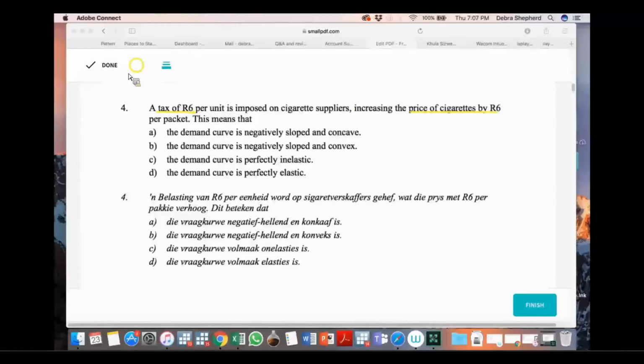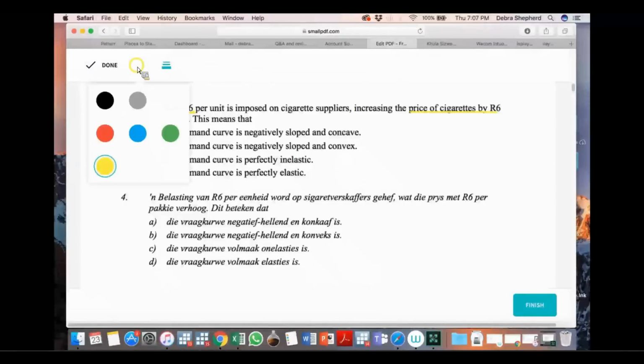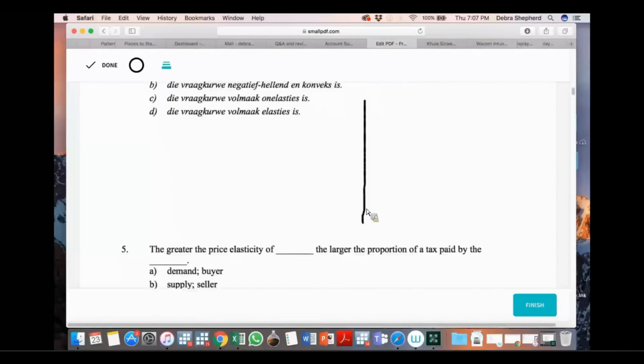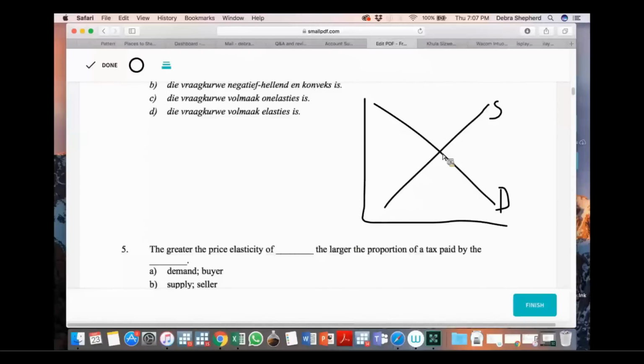If you think back to your theory on tax and the graph, what we know about a tax is that you have supply and demand. If there is a tax, it shifts the supply curve up by the value of that tax. So this would be our supply plus tax curve.